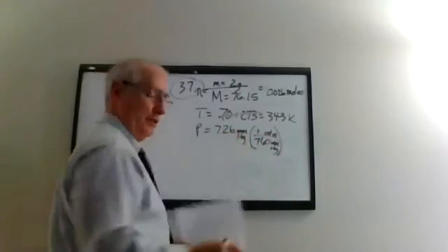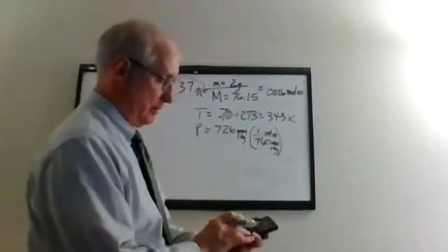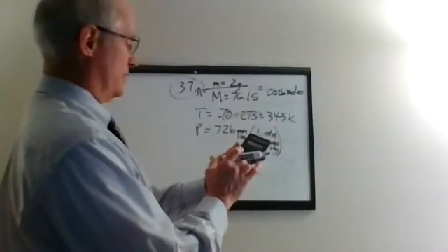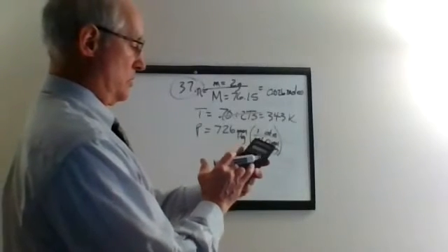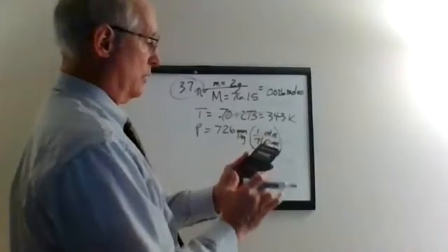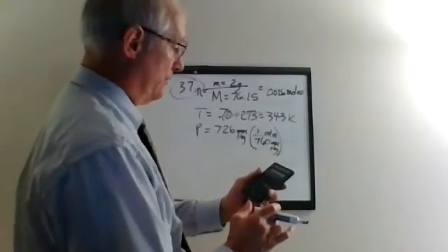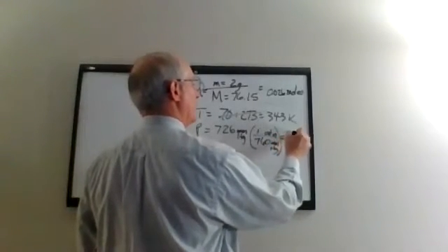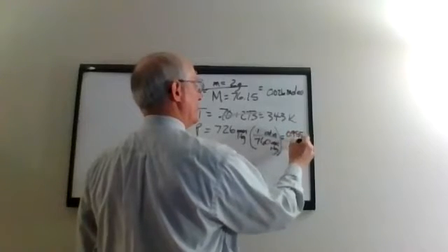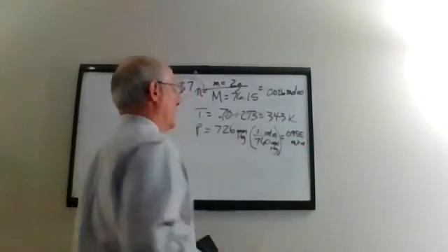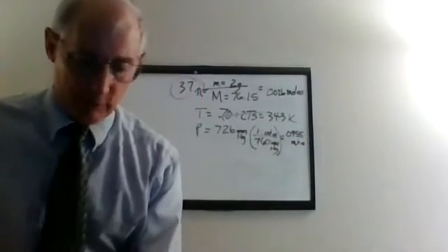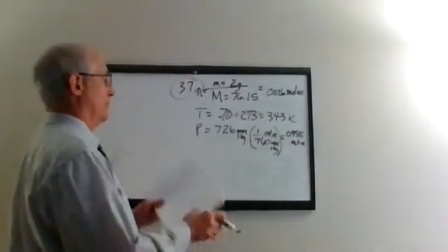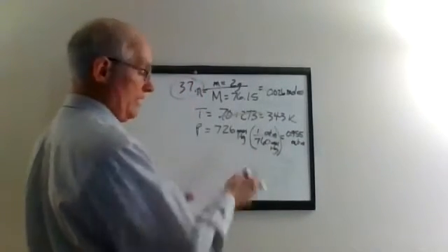And so 726 divided by 760 is 0.955 atmospheres. That's the pressure. Once again, you don't have to convert it, but I love to know that my constant that I'm going to use is 0.082. And that's all they give us.